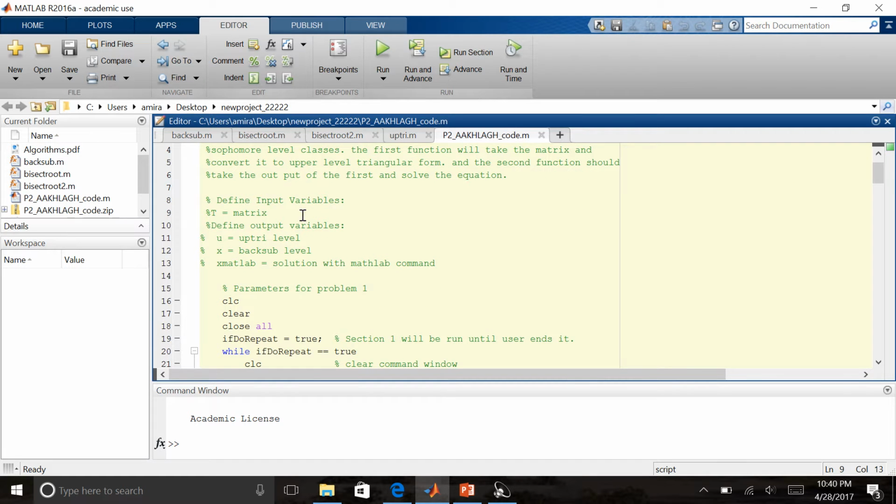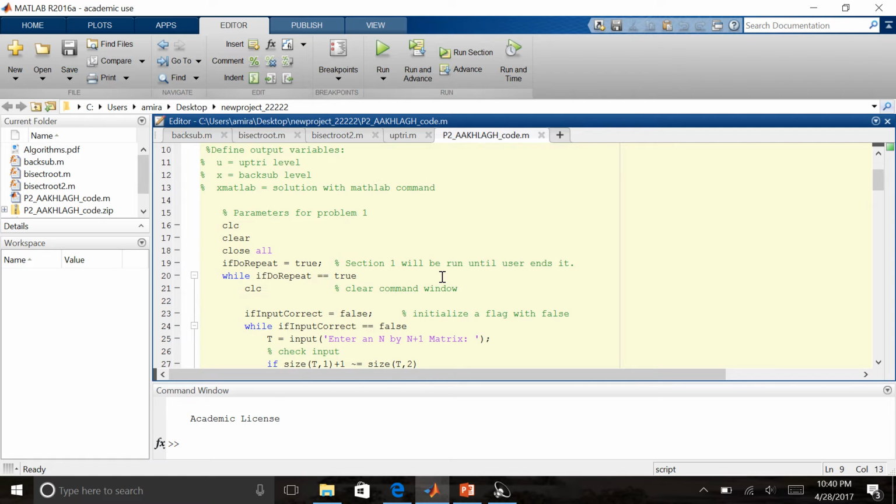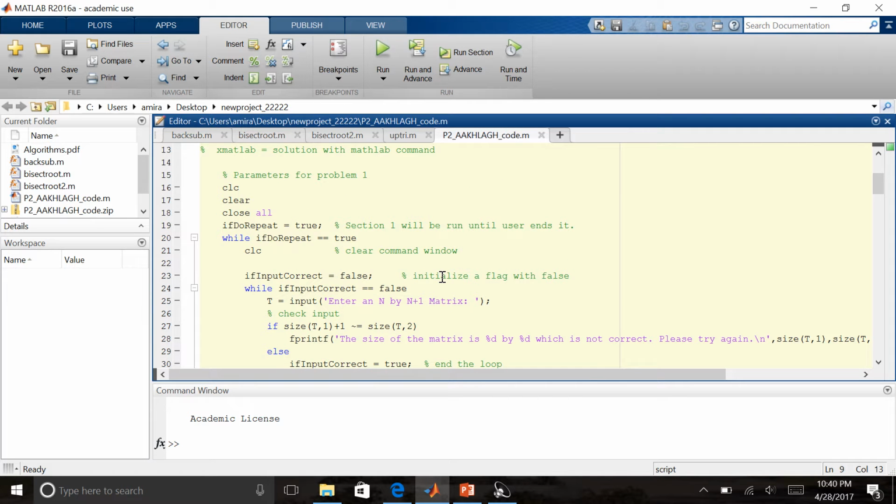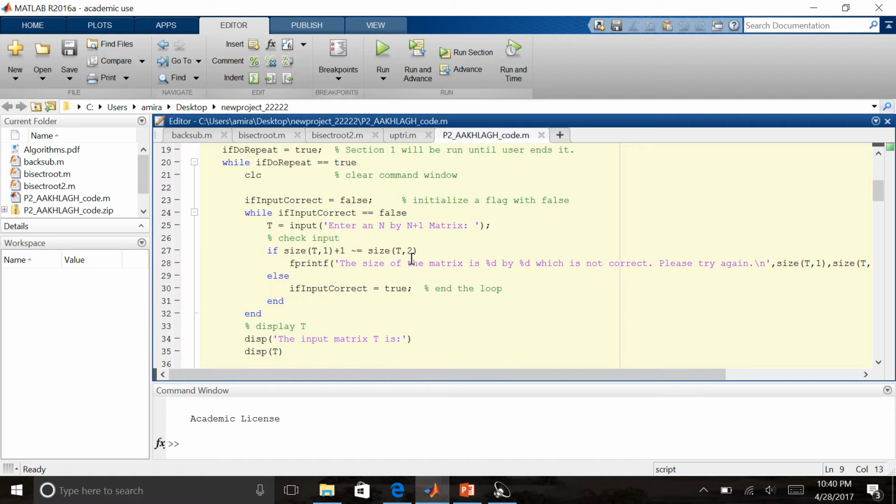So here we defined our variables. T is the matrix, U and X are going to be our functions, and this is the solution that the MATLAB code was provided. As you can see here, we'll run the test. First we'll start with the while loop, and we'll have it check that it's an n by n plus 1 matrix. That's the only way this can work.